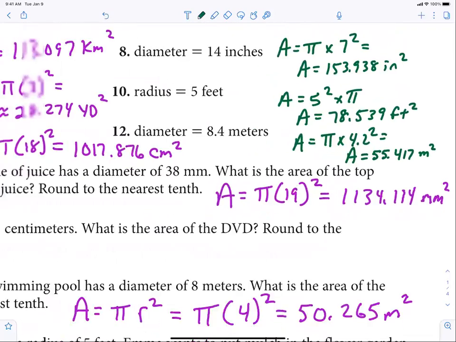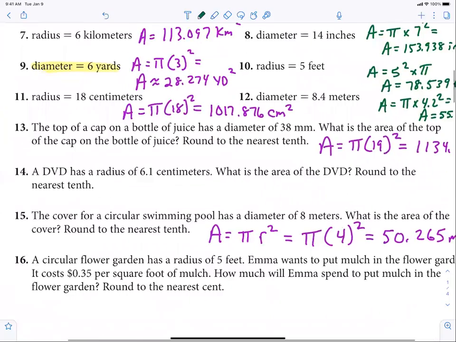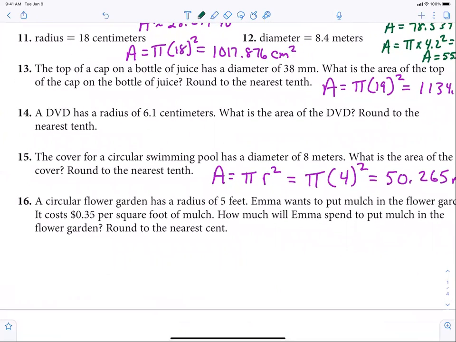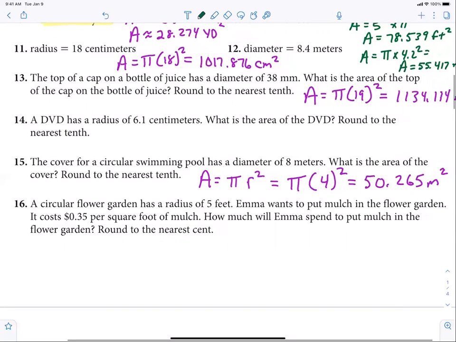All right. So now, Josh, read 14. That's 13. 14 has a 4 next to it. A DVD has a radius of 6.1 centimeters. What is the area of the DVD? Okay, so we're always going to do the 3 decimal places.